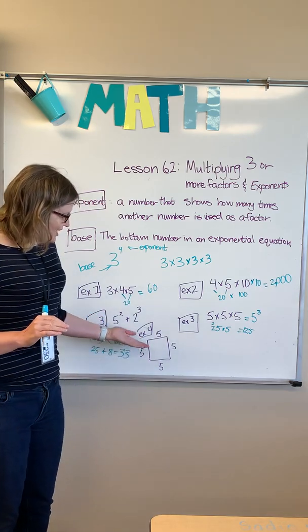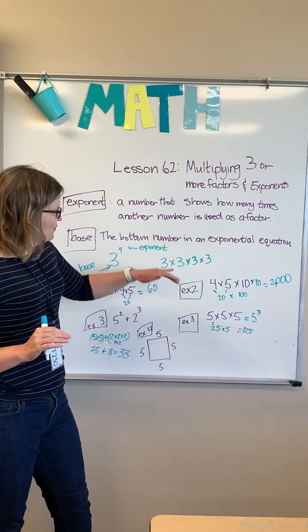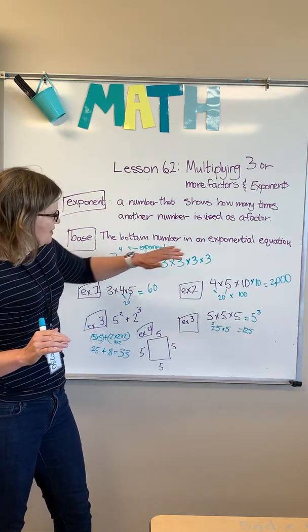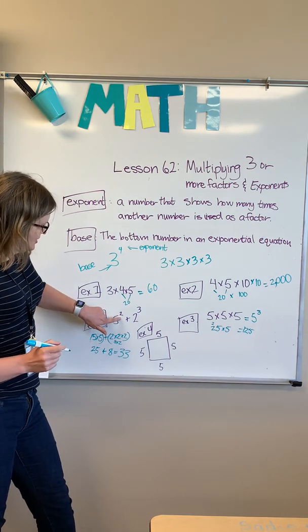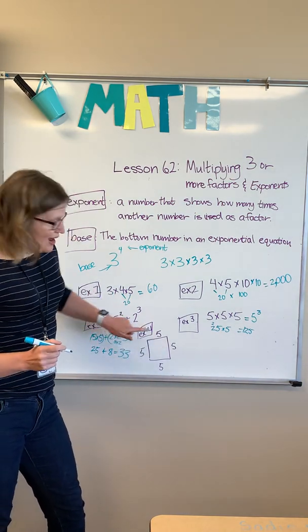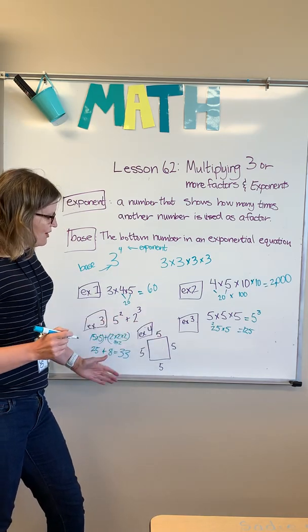Now we are looking at this square, and this is really where we come up with when we have an exponent and we say that it is squared. This is how we've come up with this. We have a square and we're wanting to know our area.